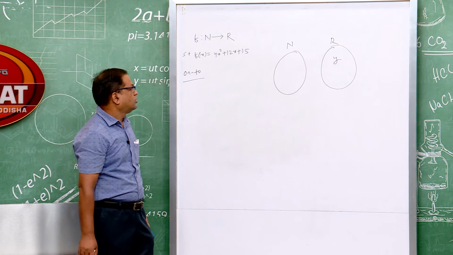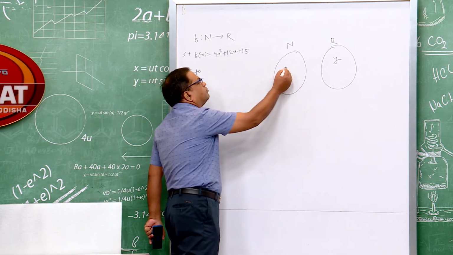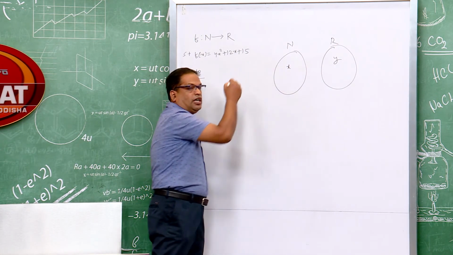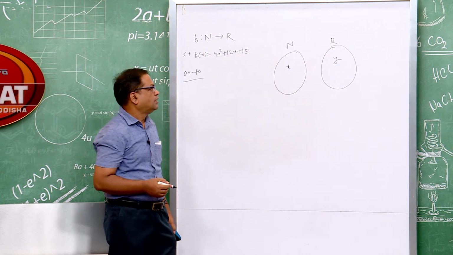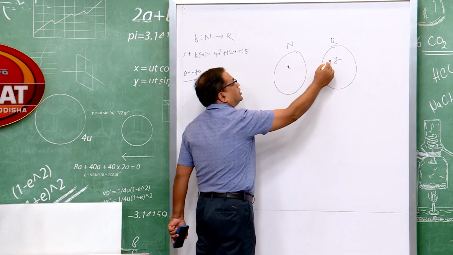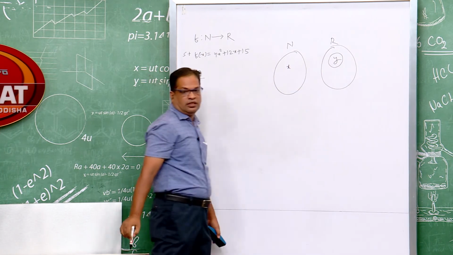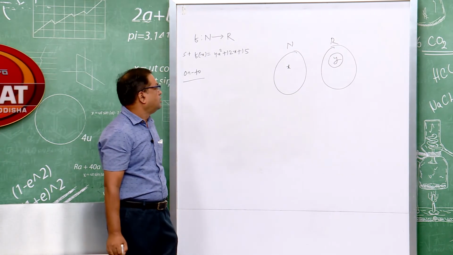So what is the range of the function? First of all, what is the domain? The domain is the values of x for which the function is defined. The range is the obtained values. That means you have to find y for which x is defined.